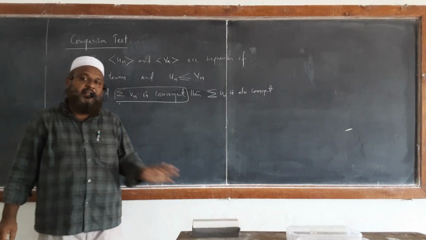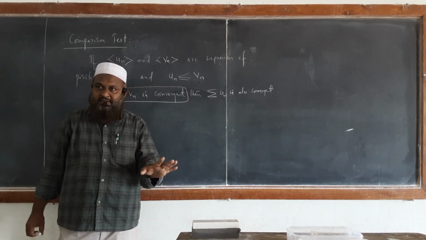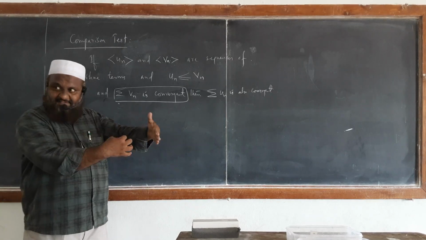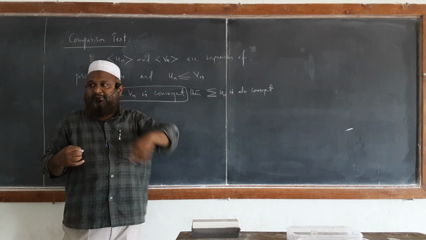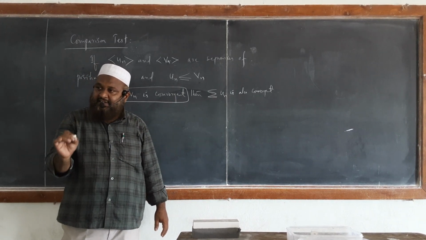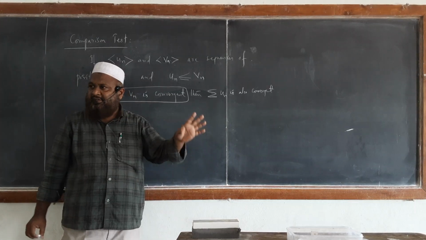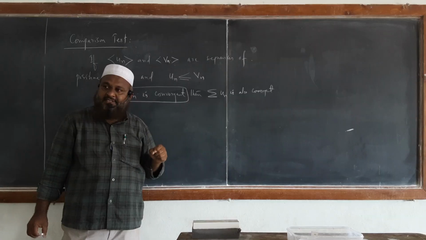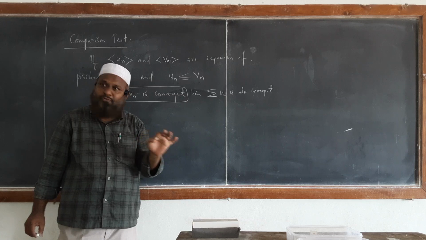I said in the earlier part, sigma vn means v1 plus v2 plus v3 and so on. The sum of all the infinite number of terms is a unique finite number.